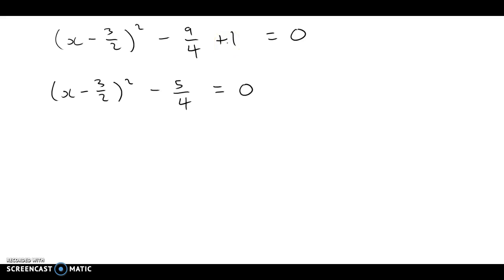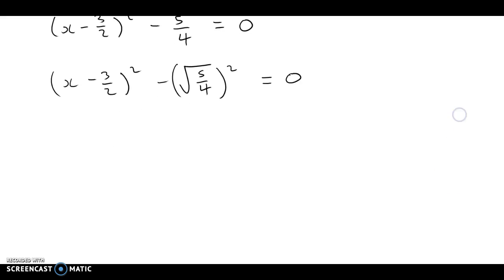Then we'll use a difference of two squares. So x minus 3 on 2 squared stays as is, minus root 5 over 4 all squared equals 0. From here we'll get x minus 3 on 2 minus root 5 on 4. I'm going to change to root 5 over 2.